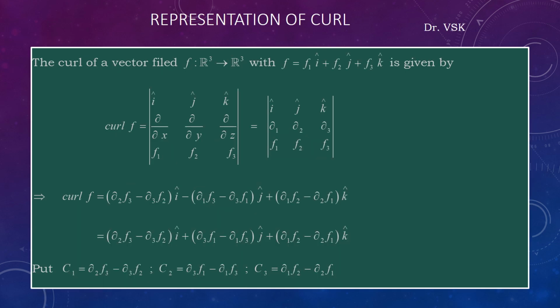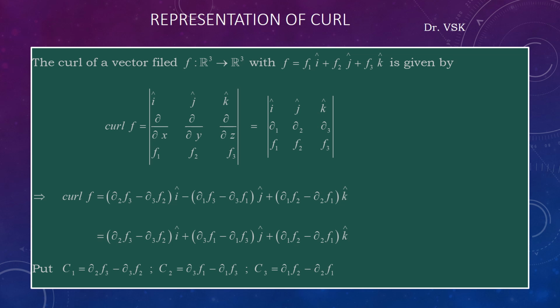Now it is the turn of curl of a vector field. So I would like to represent the curl of a vector field by using the Levi-Civita symbol. For this purpose, let me choose a vector field f from R3 to R3 given by f equals f1 i cap plus f2 j cap plus f3 k cap.